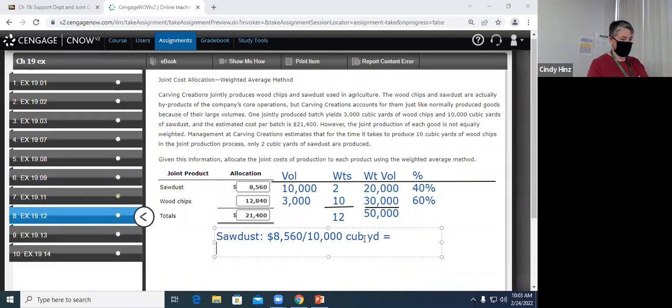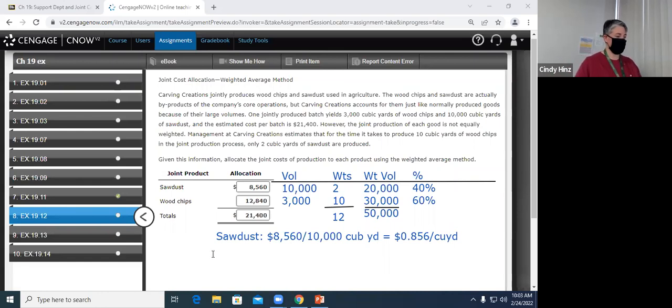Probably an abbreviation for cubic yard that doesn't involve the superscript, but I don't know what it is. So we end up with a cost per cubic yard of sawdust of 85.5 cents roughly. I just took the total cost that we allocated to sawdust and divided by the volume to get the cost per cubic yard.